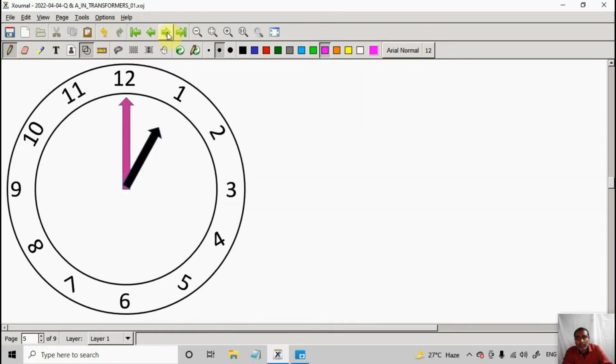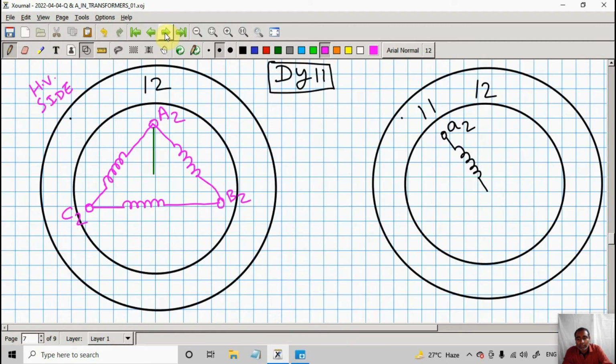Although it is not line EMF, it is pointing towards 12. This green line is not dotted yet, so let me make it dotted. This one is pointing towards 12. Likewise on the LV side, phase A winding is pointing towards 11 because it is DY11. So this is your LV side.